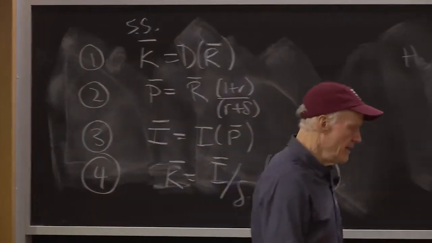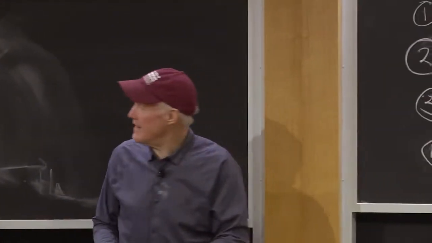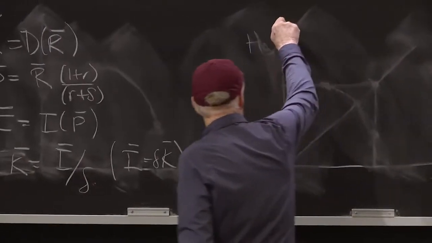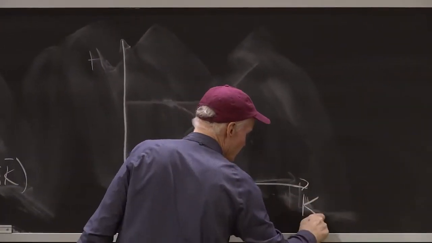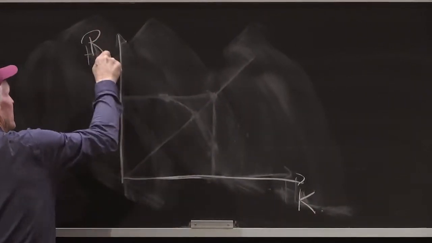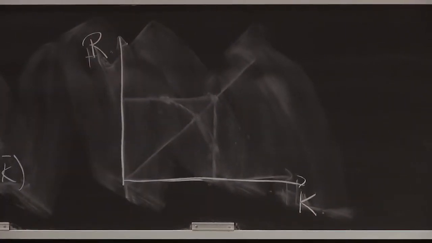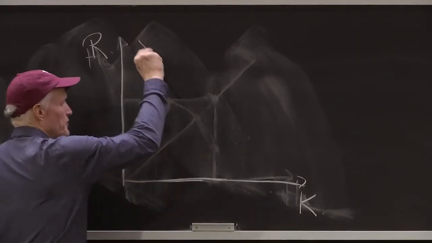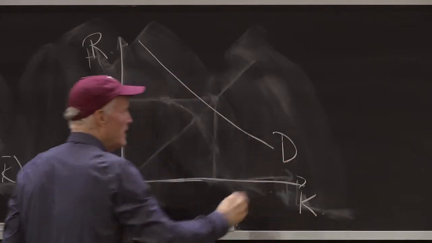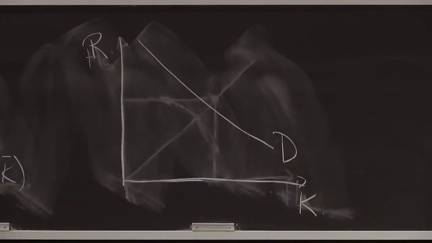Okay? Now, we can find the steady state pretty easily because we can make a graph where we put K on this axis and R on this axis. We could put I there and P. We could do whatever we want, but I like this way of doing it. You can draw your demand curve directly on this space, right? Because the demand curve is already in this space.